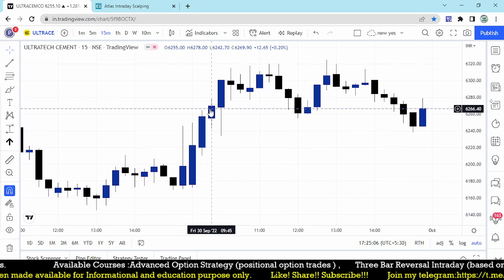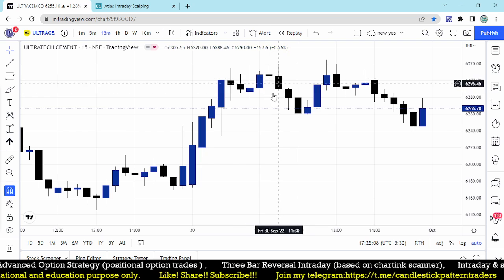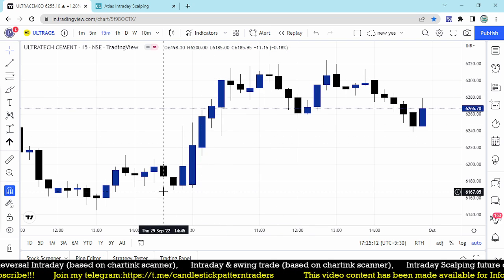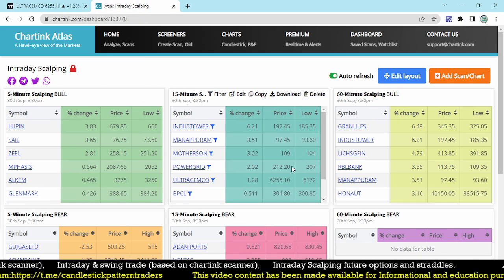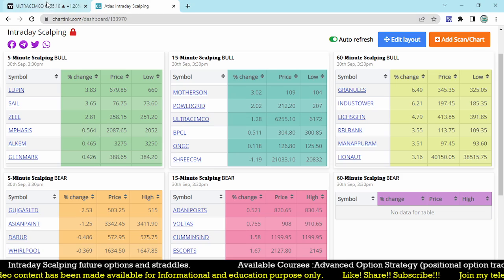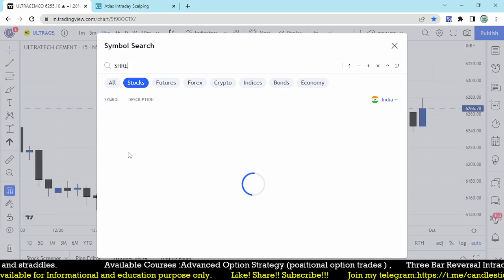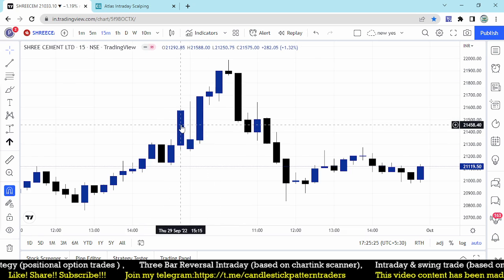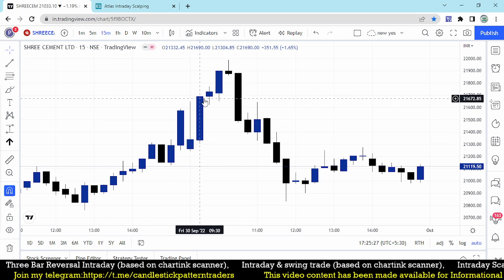So for a 9:45 candle, it is moving higher. And even if you are focusing on the 3rd candle, if there is any rejection at the 3rd candle, we go for BPCL. If any reversal candle forms at the 3rd one, let's look at this: 1, 2, 3.